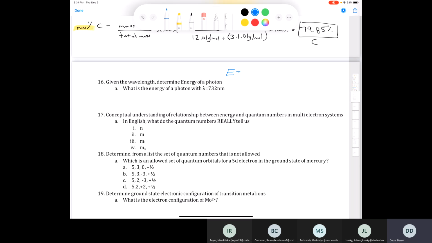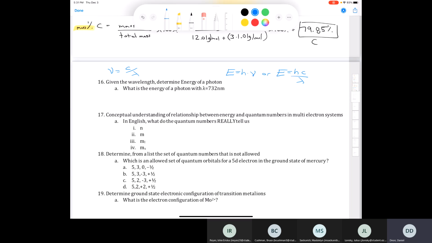The energy is equal to Planck's constant times frequency, or E is equal to hc over lambda, because frequency is equal to the speed of light divided by the wavelength. Sorry, I'm going too fast. There we go, that's a little bit better.